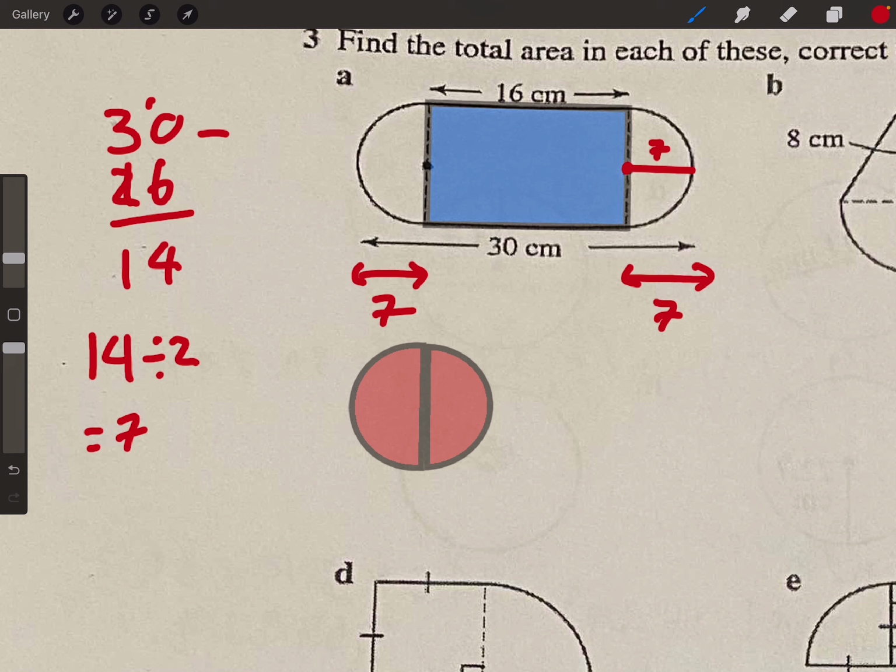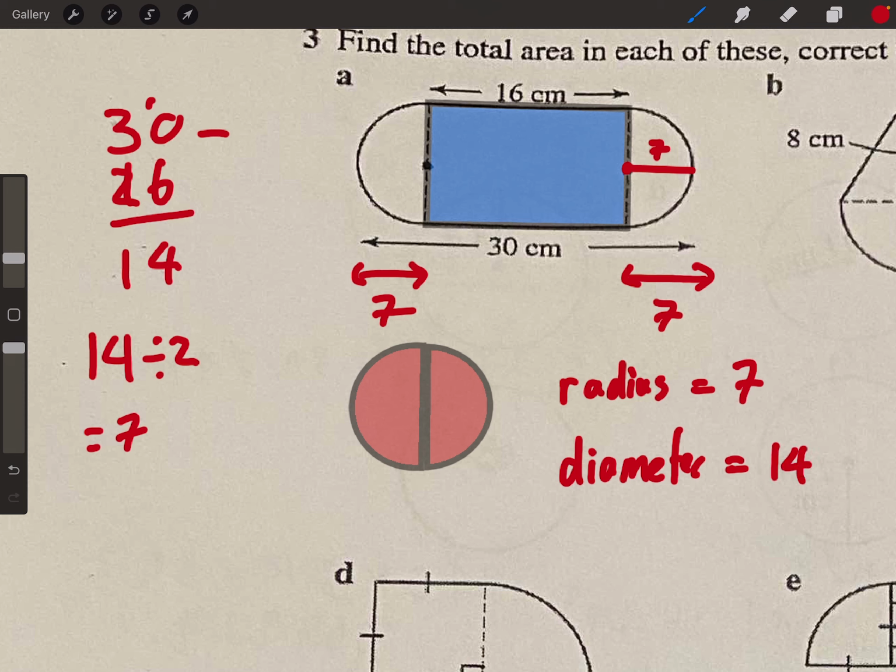Now if the radius is 7, therefore the diameter must equal double the radius, which means it's 14, right? So the diameter, this distance here, is 14, and we also know that this distance is also 14.